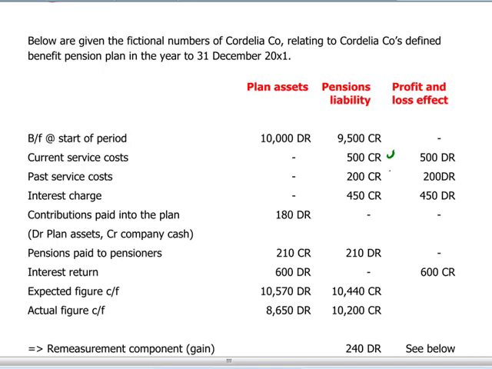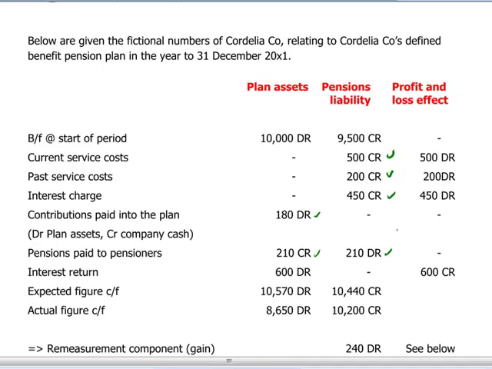Past service cost is an increase in the liability for the work they did in the past. Interest charge is part of the net interest component, and it's an increase in the liability due to the passage of time. Contributions paid into the plan are paid out of the company cash account, and those increase the plan assets. Pensions paid to the pensioners reduce the plan assets, and at the same time reduce the liability.